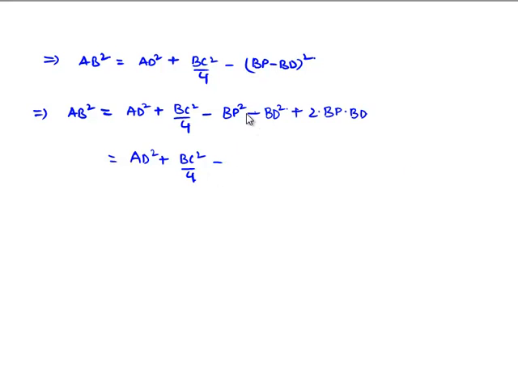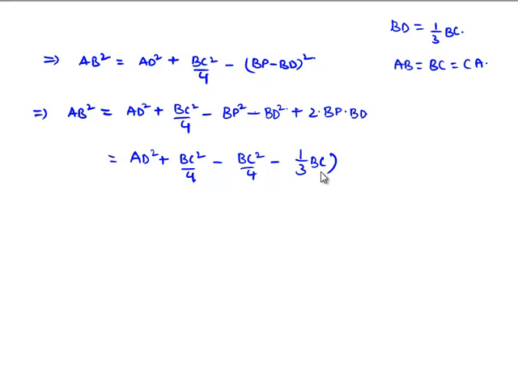We know that BP is half of BC, so BP square will be half of BC whole square, which is nothing but BC square by 4, minus, we know that BD is equal to 1 by 3 times BC.